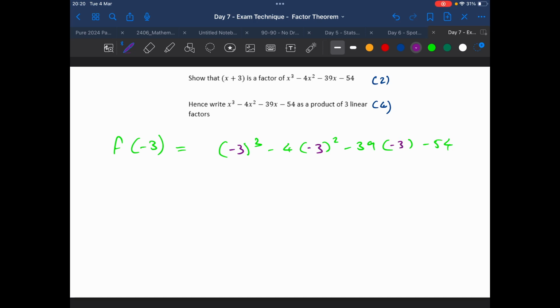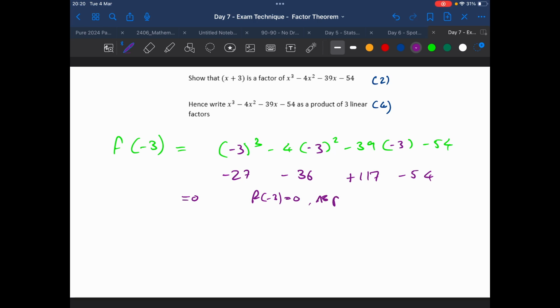When we do this, we should end up with a minus 27 minus 36. This is going to be a double negative, this one here. So this is, what's this? This is 39 times 3. So that's going to be plus 117 minus 54, which is going to give us a 0. And f of minus 3 equals 0.